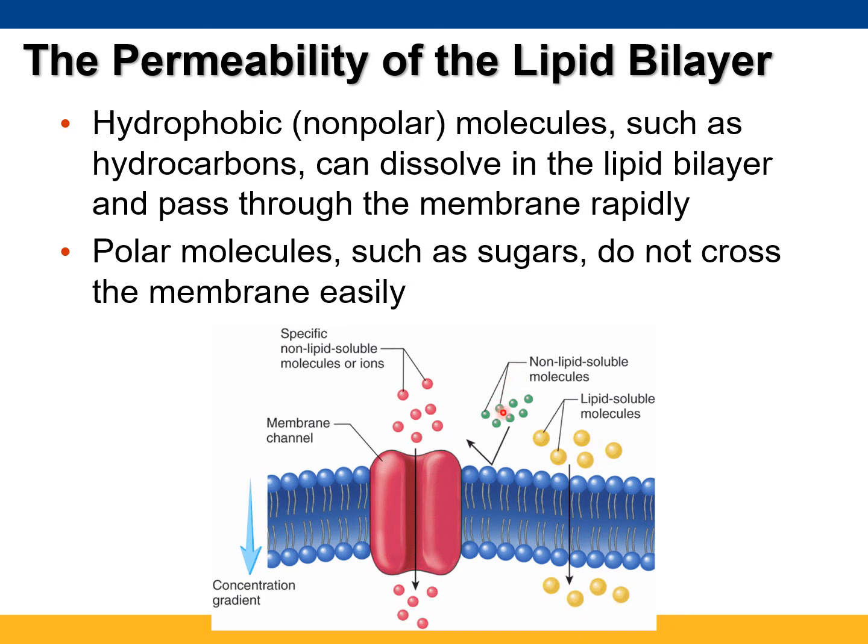But if they are not lipid soluble, if they're water soluble, if they're charged, or if they're larger, they need help getting through the plasma membrane. In this case, we have an ion here, and we have a channel that allows movement of this ion. We're going to talk about those transport proteins in a little bit.